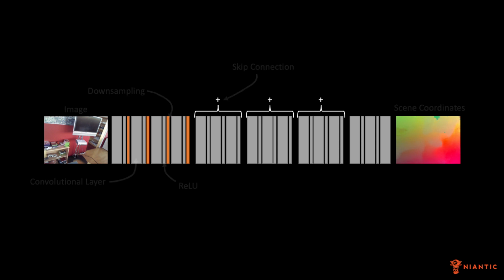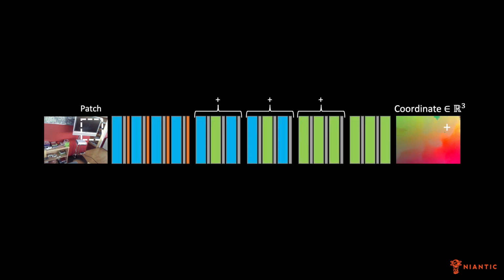The network is fully convolutional with a limited receptive field. That is, it takes an image patch and maps it to a single scene coordinate. The network slides over the input image, reusing computations from neighboring pixels to produce a dense output. So, the network is convolutional, but not all convolutions are created equal.